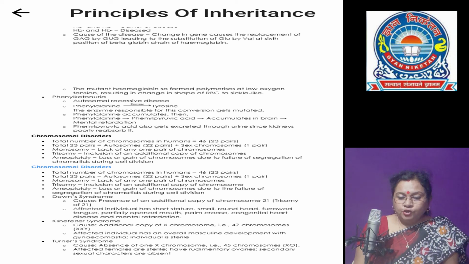Chromosomal disorders in human beings, such as Down syndrome. Down syndrome is caused when an additional copy of chromosome number 21 occurs, also called trisomy of chromosome 21.